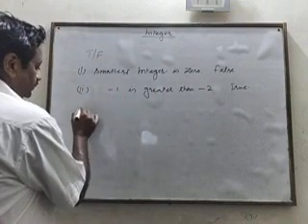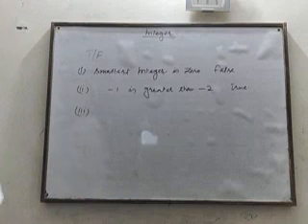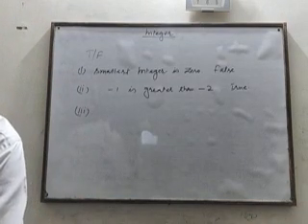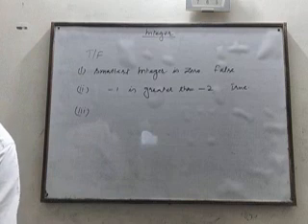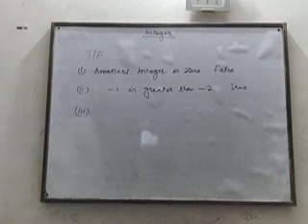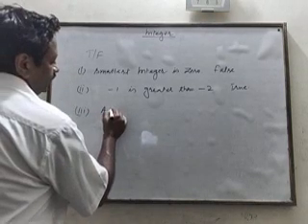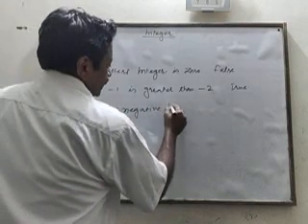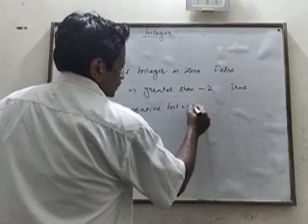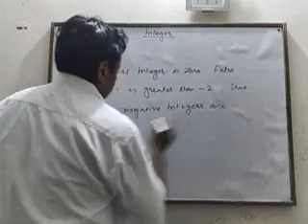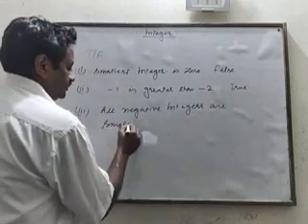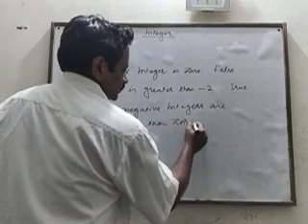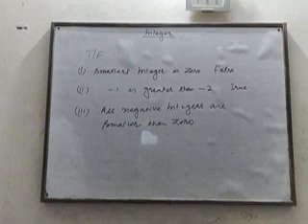The third statement is: all negative integers are smaller than 0. So is this statement true or false?